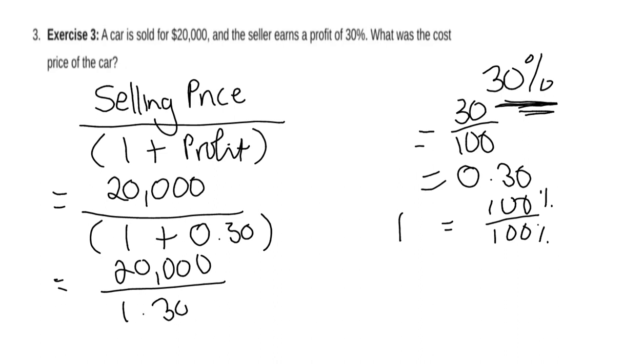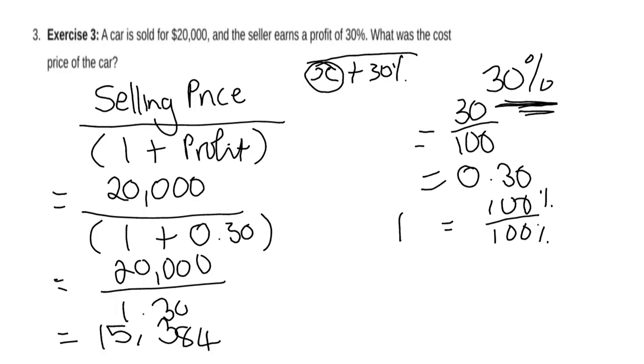So the 1.30 includes the original cost plus your 30%. Then when we do the division, we want to find out what is the original only. So this will give us 15,384.62 cents, and that is how you calculate the cost price.